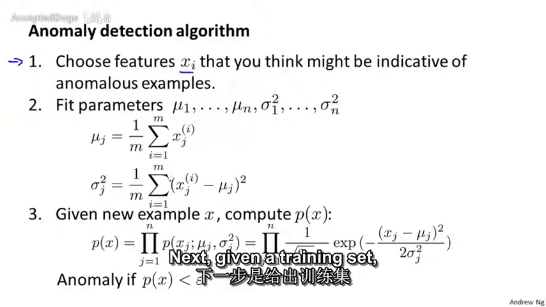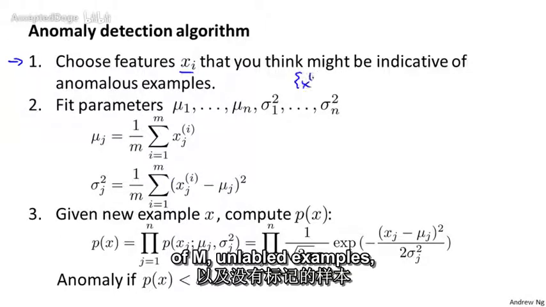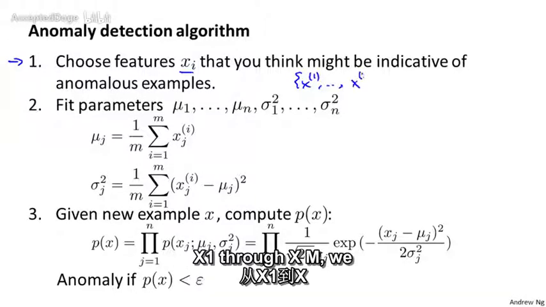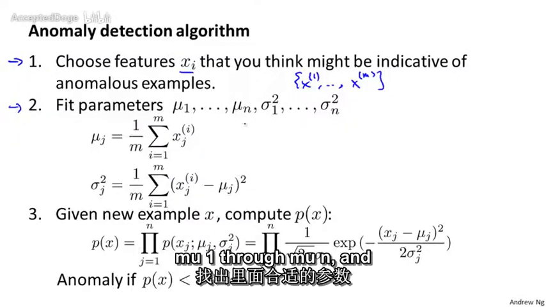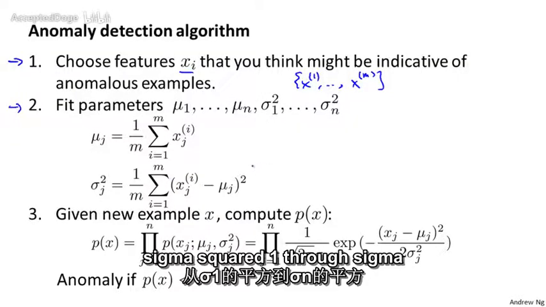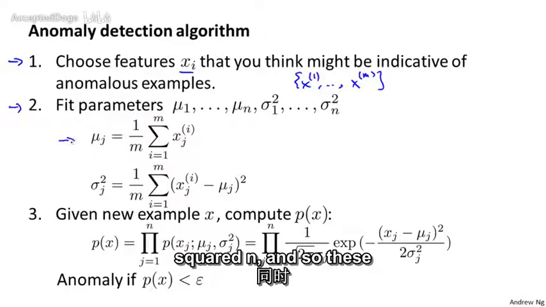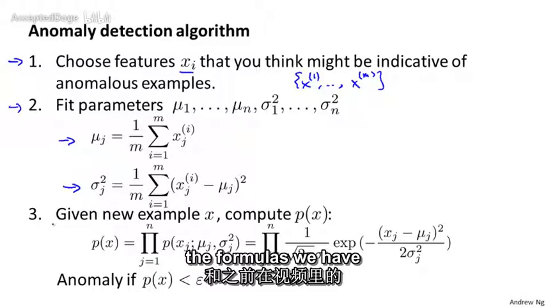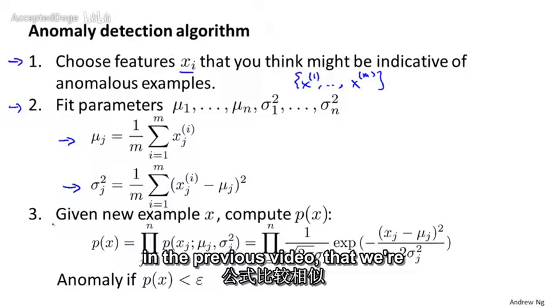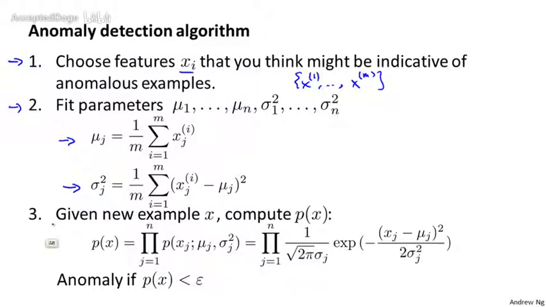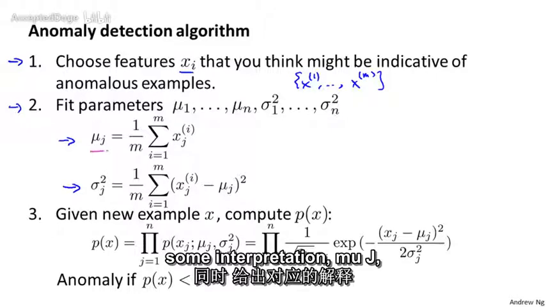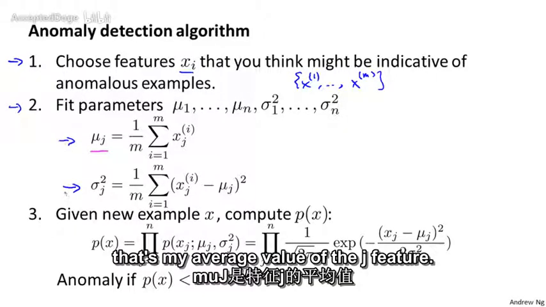Next, given a training set of m unlabeled examples, x1 through xm, we then fit the parameters mu1 through mu n and sigma squared 1 through sigma squared n. These were the formulas, similar to the formulas we had in the previous video, that we're going to use to estimate each of these parameters. And just to give some interpretation, mu j is my average value of the j-th feature.